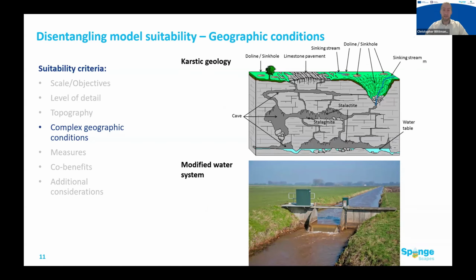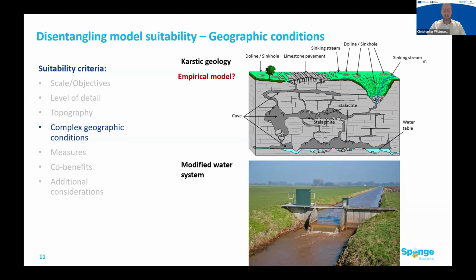But in these cases, the geology can be so complex that it might not be easy to represent and understand all of the different processes. So it might make sense to opt more for an empirical model where you make observations of how the water system reacts based on rainfall, rather than trying to understand all of the different processes that are involved.